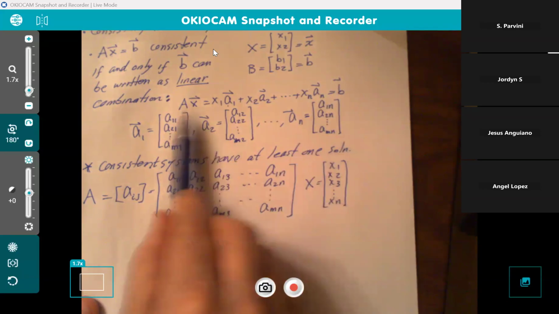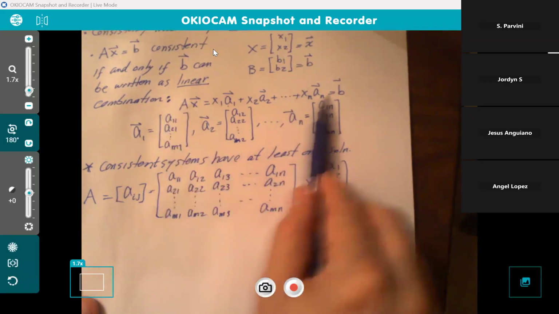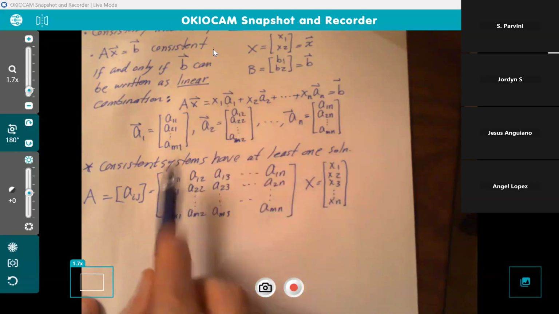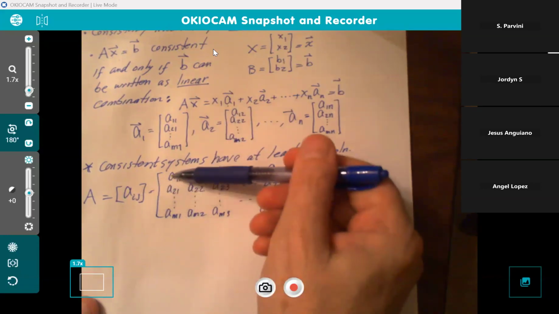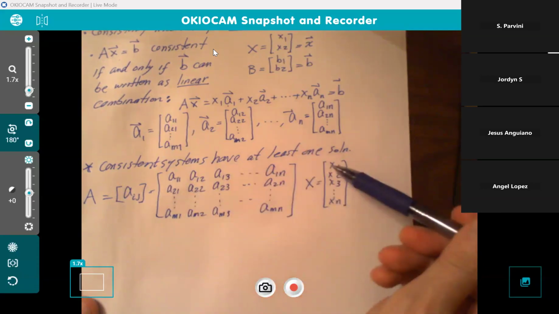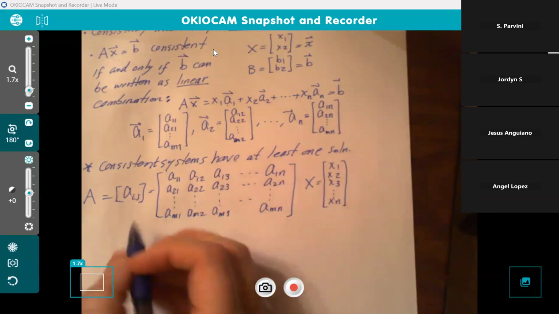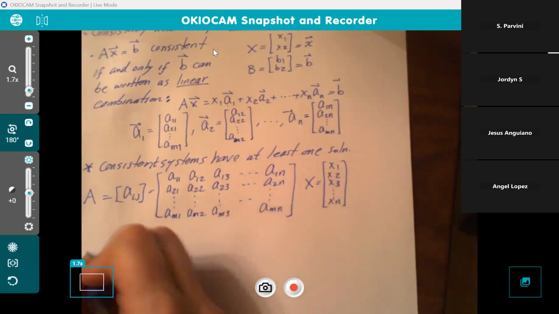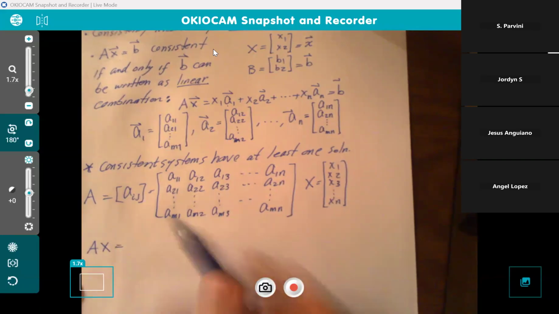So we can actually rethink the system as a combination of this, A11, A21, and so on, multiplied by the x's. So what does it look like multiplied by x1, x2, x3? Let's multiply Ax, and you'll see what this will look like.